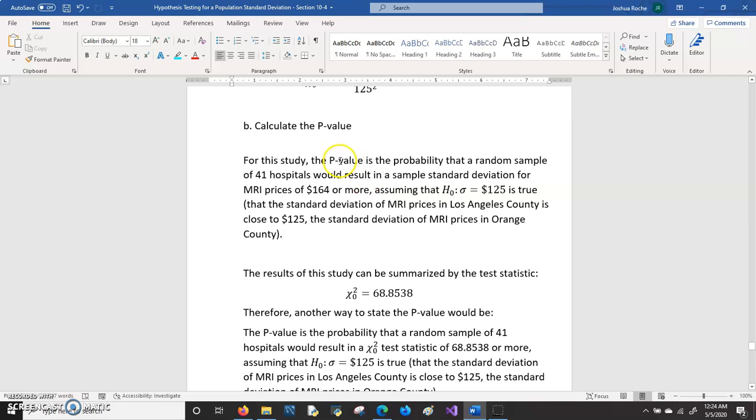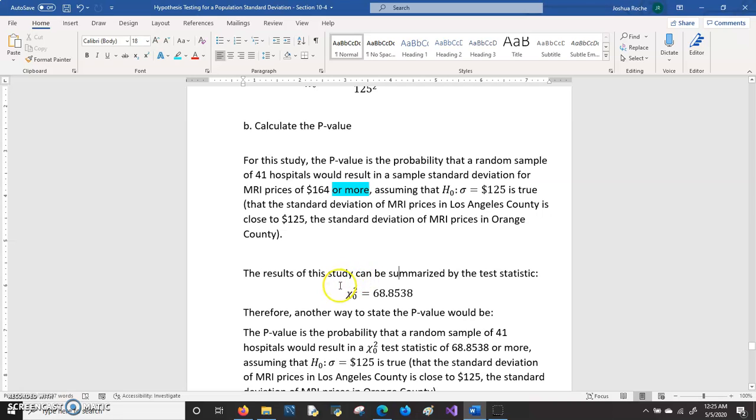For this study, the p-value is the probability that a random sample of 41 hospitals would result in a sample standard deviation of MRI prices of $164 or more. And here we're using that phrase "or more" because the alternative hypothesis was greater than, assuming that the alternative hypothesis is true.